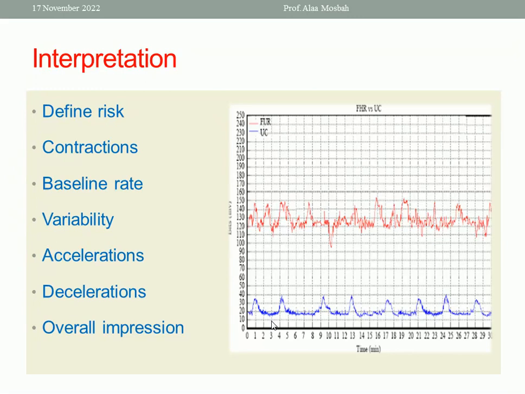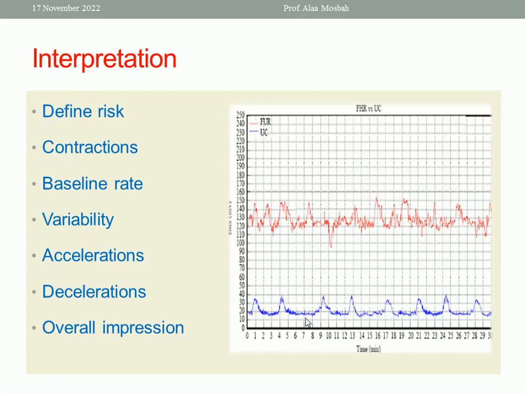This is abnormal. If it is non-reassuring, it will be between 160 and 180 or between 100 and 110. This is called non-reassuring. Okay? The normal is between 110 and 160.